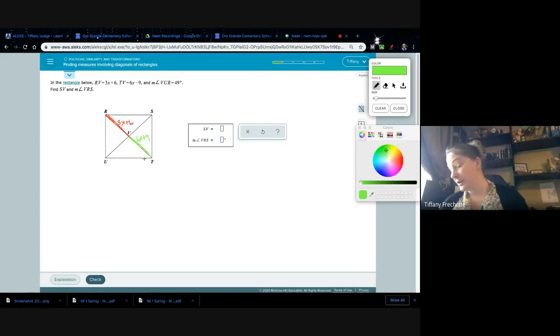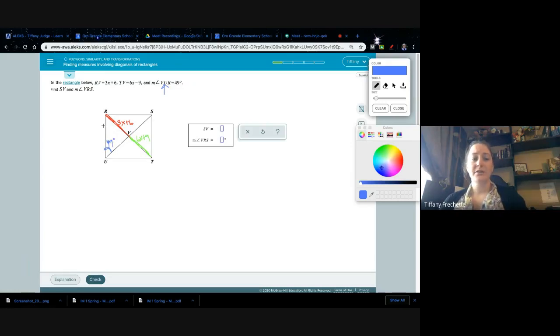And I'm sorry if that's super bright green, I meant to make that a little darker. And then VUR, which we'll do in dark blue here. So VUR, this angle here, I just followed the letters, and the angle that you're looking for is always in the middle. That should be your vertex. So we have 49 degrees.